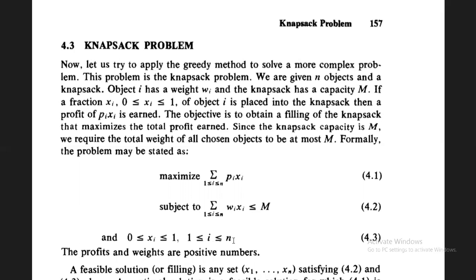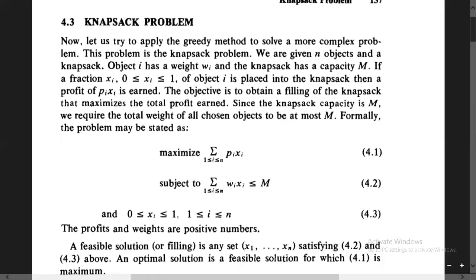If you take a fraction xi of it, the profit earned is pi into xi, and the weight is wi into xi. This is the constraint: the sum of wi xi is less than or equal to M. So this is how the knapsack problem is formulated.